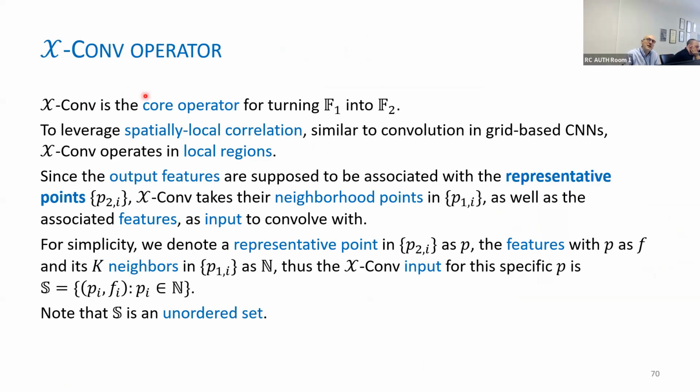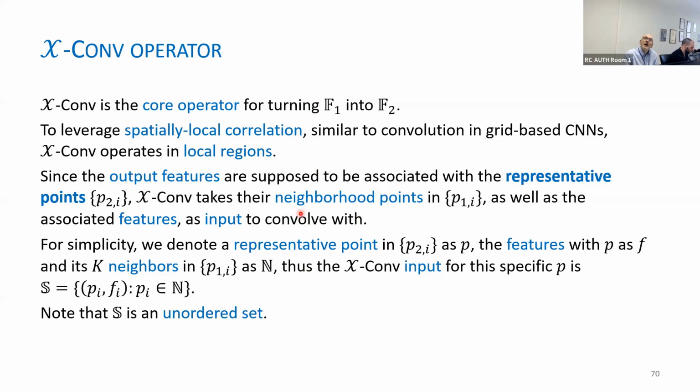The idea is that, similar to CNN, this operator works locally, in a local region. And you see here that the output features should, of course, capture information from neighborhood points, and they should be associated with the representative points at the new level.